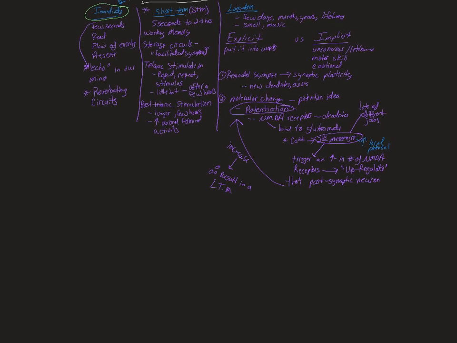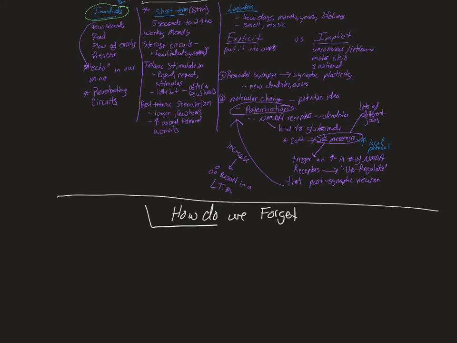All right, let's move on to another topic, okay, that's related. How do we forget, okay? All right, when we forget, what's happening is you are losing potentiation or losing synaptic connections.